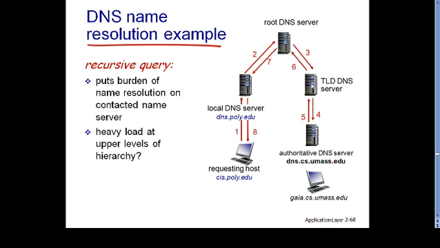Then the top level domain server replies back to the root DNS server, and the root DNS server replies back the IP address to the local DNS server, and the local DNS server replies back that IP address to the requesting host. Then the requesting host uses that IP address for creating a TCP connection with the required server.